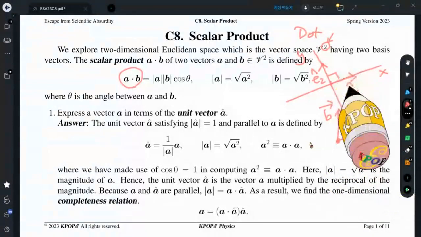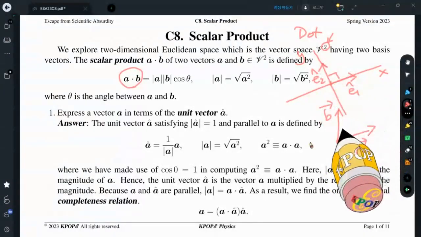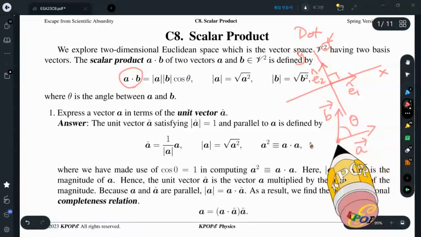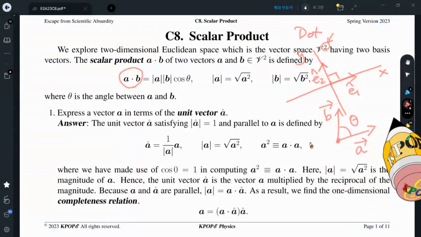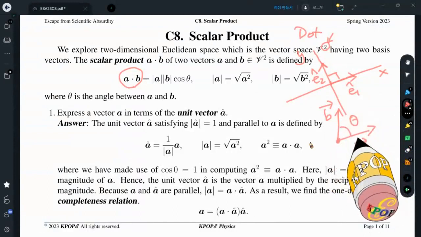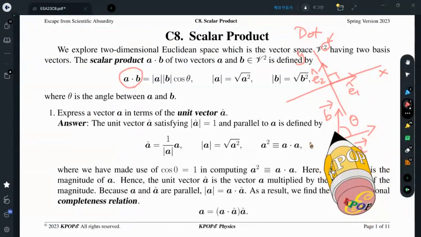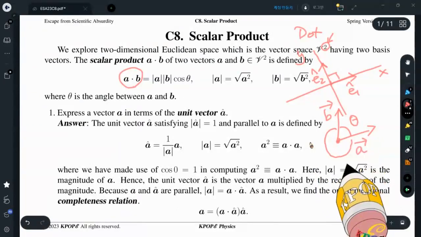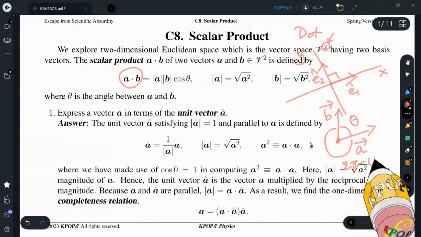And as you know, on a plane, you can define the angle between two straight lines. So the angle between the two vectors can be either this theta or this, that is 2 pi minus theta.